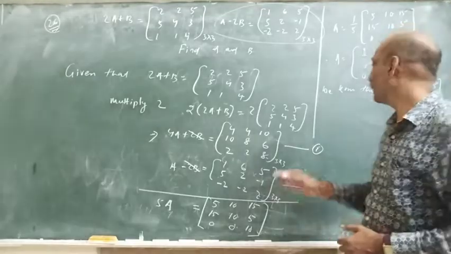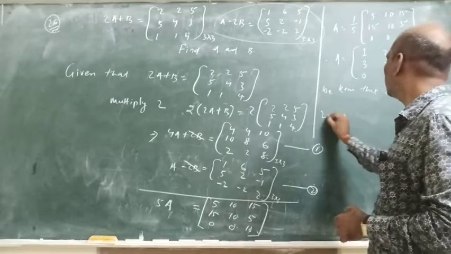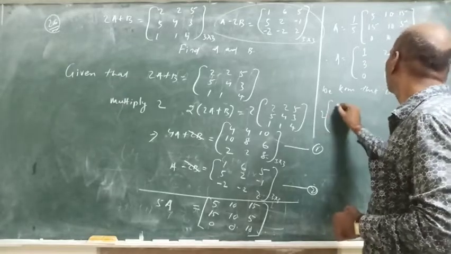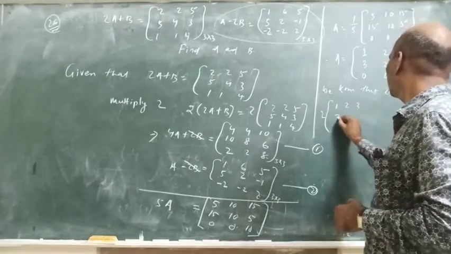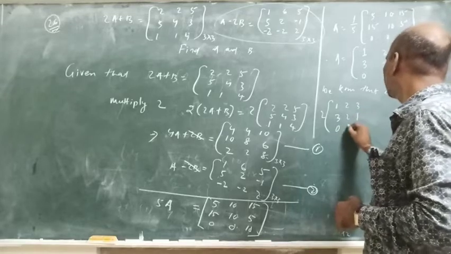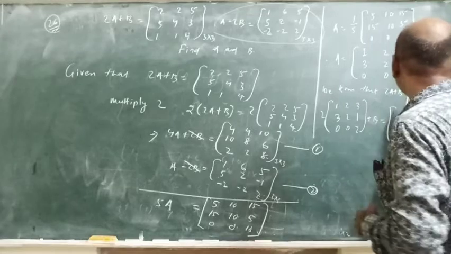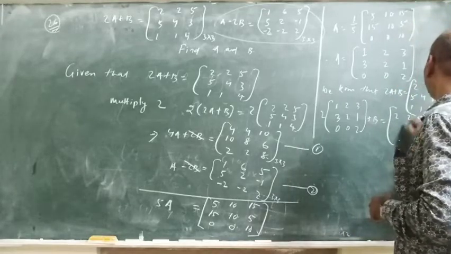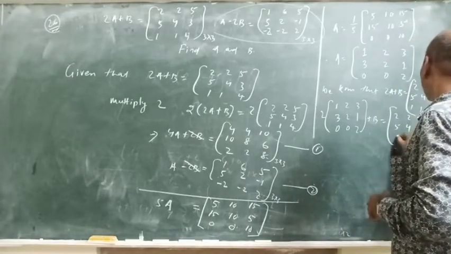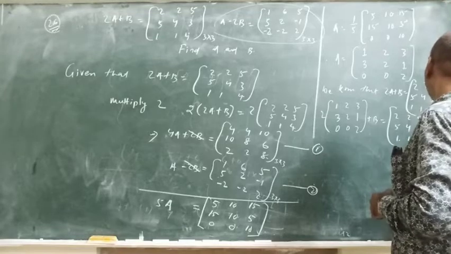Okay, now 2 into A, this one 1 2 3, 3 2 1, 0 0 2, plus B is equal to this matrix 2 2 5, 5 4 3, 1 1 4.